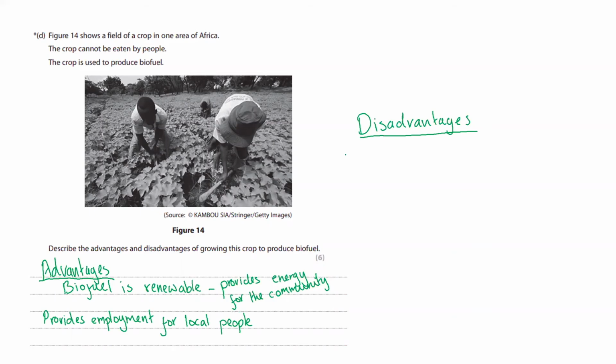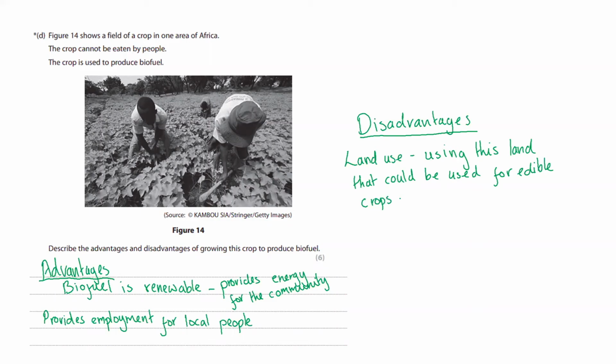So land use here, okay, land use. These crops, because people can't eat it, are using land that could be used for edible crops. So it could lead to food shortages.